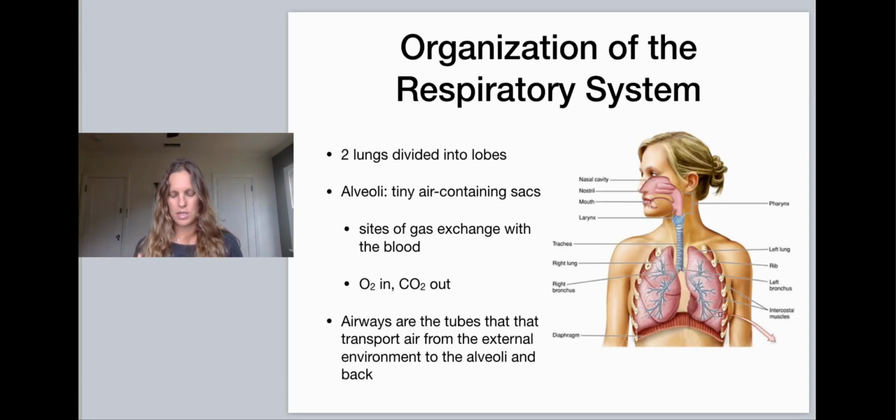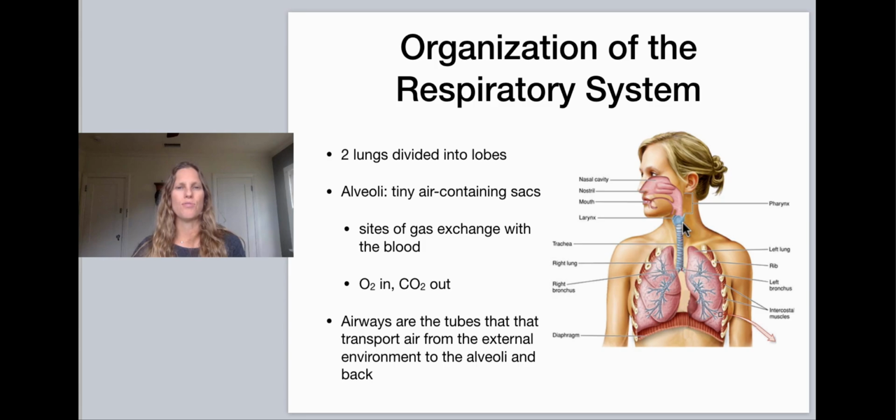Before we do that, we just have to review a little bit about the anatomy of the respiratory system. The respiratory system is composed of the nasal cavity and the oral cavity. Those two cavities meet together in the back of the throat in an area called the pharynx. Below that is the larynx.